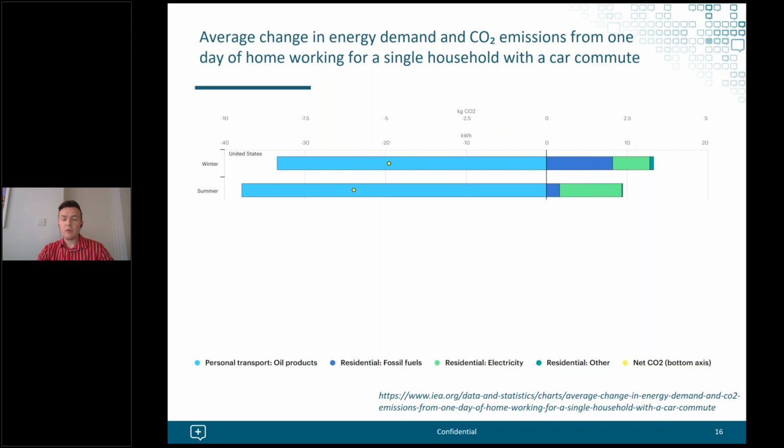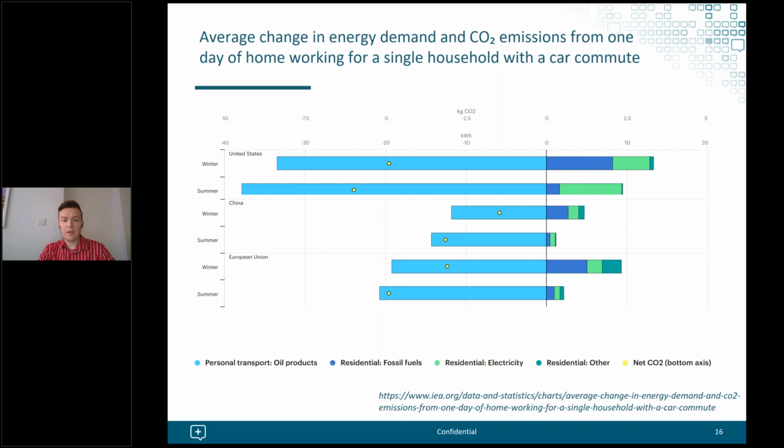So they've looked at this for different geographies. And this graph here covers the United States, China, and the European Union. To the right-hand side of the graph, for the dark blue and the green, that's the increase in emissions as a result of energy use at home. So it's the net increase in energy and therefore emissions as a result of one person working from home.